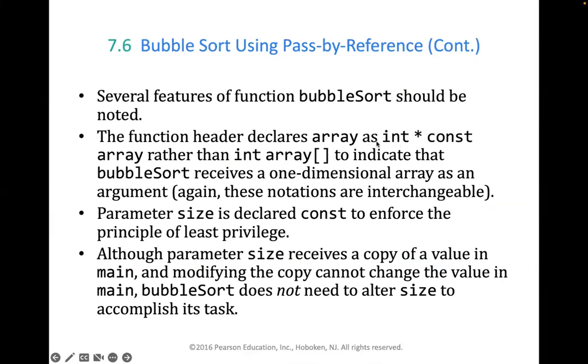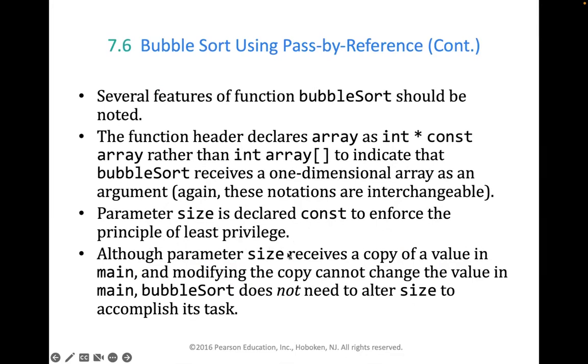So again, this one is int star constant array. So this defines the constant pointer. Okay, just remember it's a constant pointer, as for a one dimensional array also. Then size is constant.